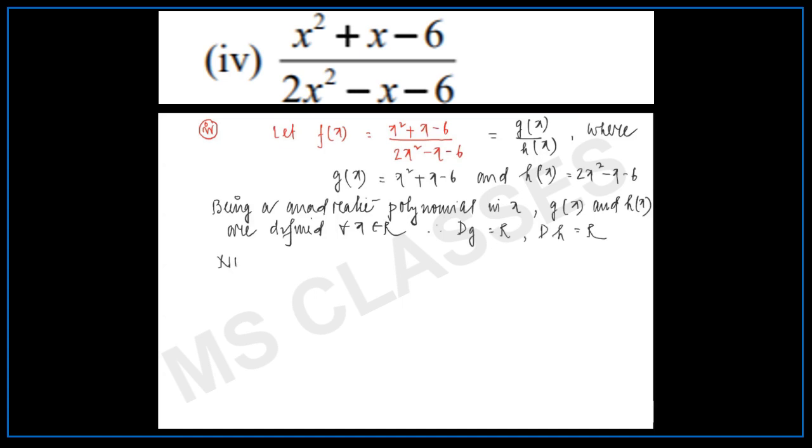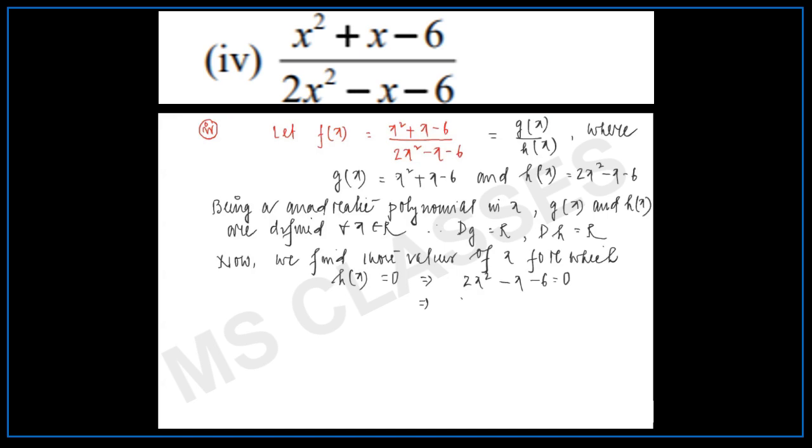Now, we find those values of x for which h(x) equal to 0 implies 2x square minus x minus 6 equal to 0 implies 2x square minus 4x plus 3x minus 6 equal to 0 implies 2x into x minus 2 plus 3 into x minus 2 equal to 0.